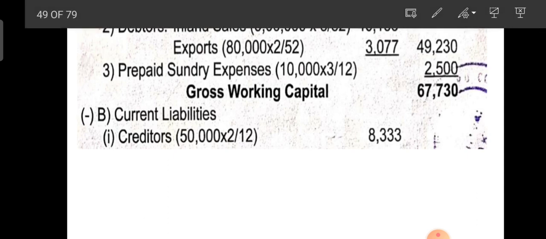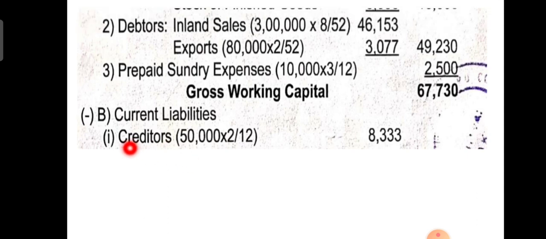Less current liabilities. First is credit purchase relating to creditors. The credit period allowed for purchase is 2 months, so 50,000 into 2 by 12, which is 8,333. Next, the outstanding expenses.